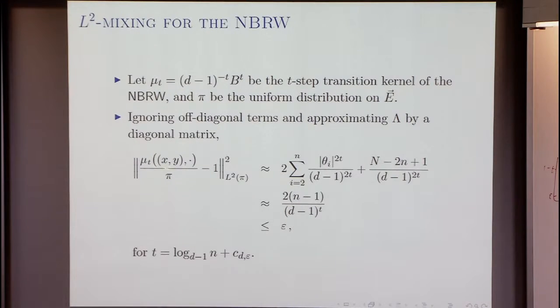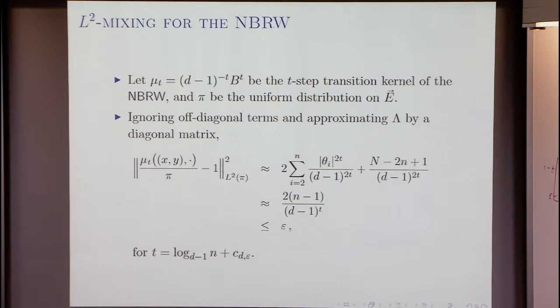So just following that, the idea is, suppose first the matrix was diagonal, and mu_t is the distribution of the non-backtracking walk. Then mu_t is just obtained by taking B to a high power and normalizing by (d minus 1)^t, because remember, B is not normalized. And then you compute the L2 distance.